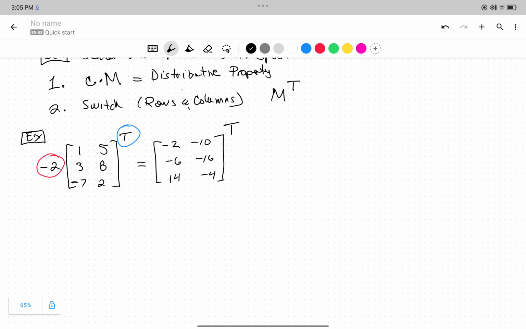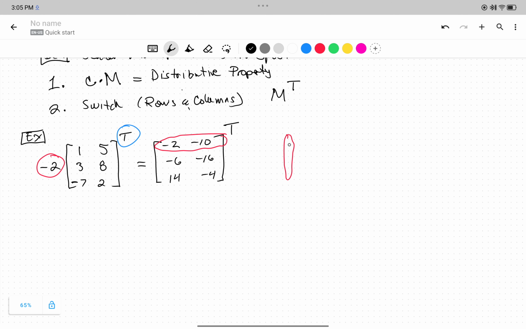And then after that, we can take care of transposition. Transposition, the rows are going to turn into columns. In other words, this guy is going to be switched. Now it's going to go this way.